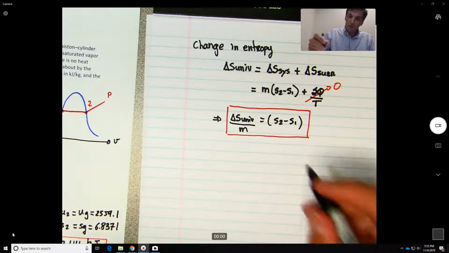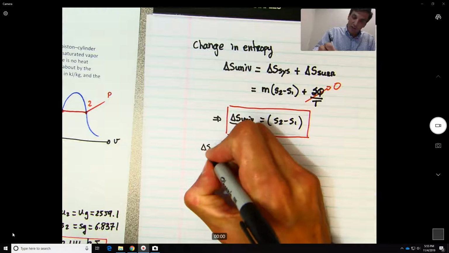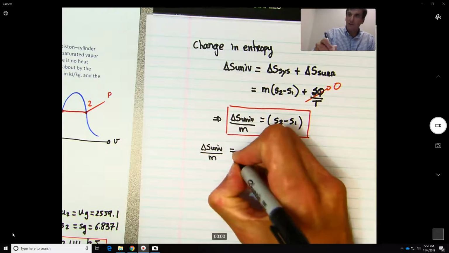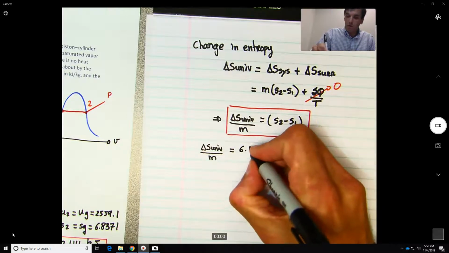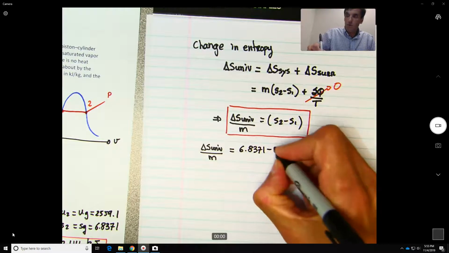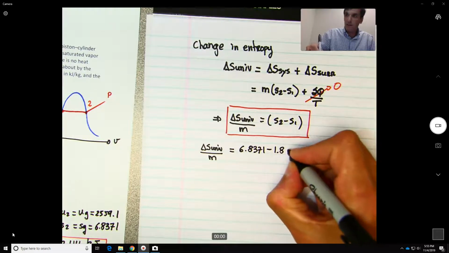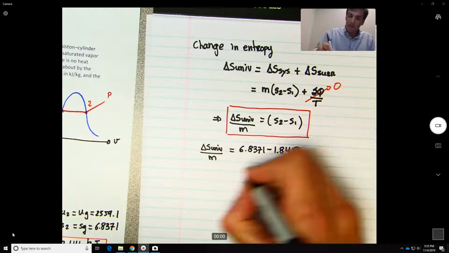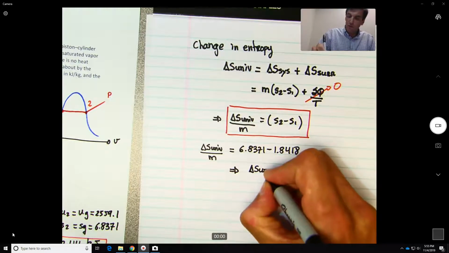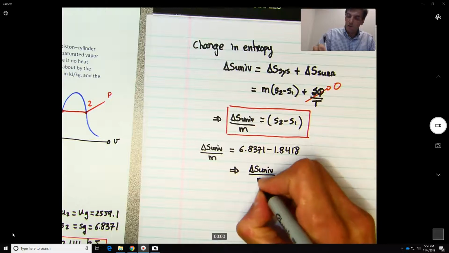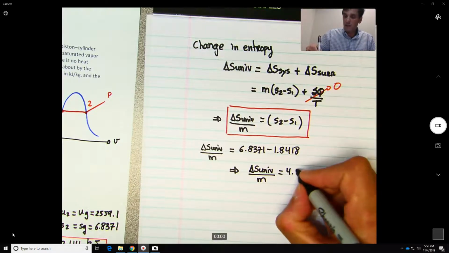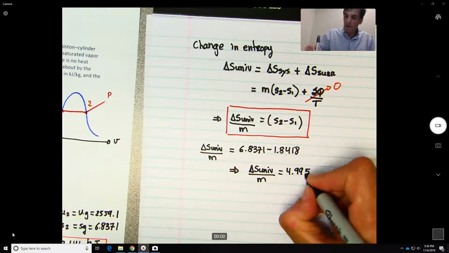Okay, if we substitute, we're going to get that the change of entropy per unit mass will be equal to 6.8371 minus 1.8418, which is equal to 4.9953.